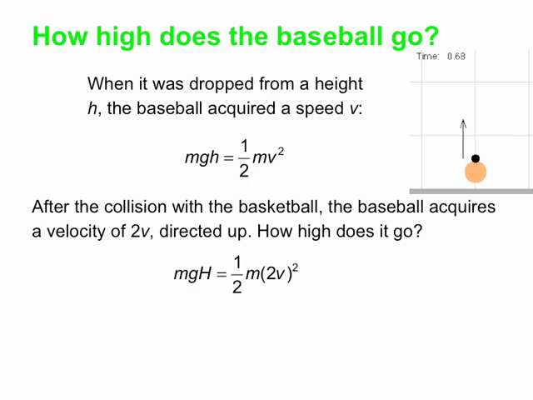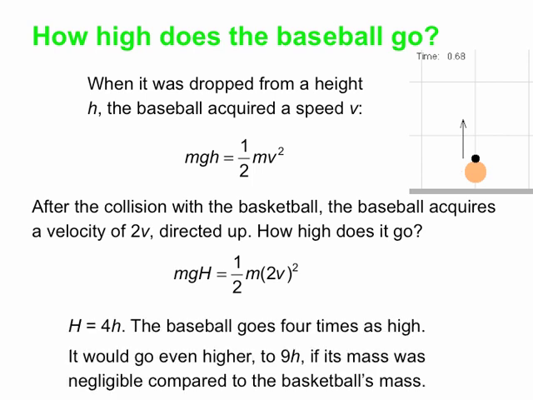Well, on the right-hand side of these two equations, in one case we have 1/2 mv squared. In the other case we have 1/2 m 2v all squared. When you square 2v, you get a factor of 4v squared. So the right-hand side goes up by a factor of 4, which means the left-hand side goes up by a factor of 4. So capital H has to be 4 times little h.